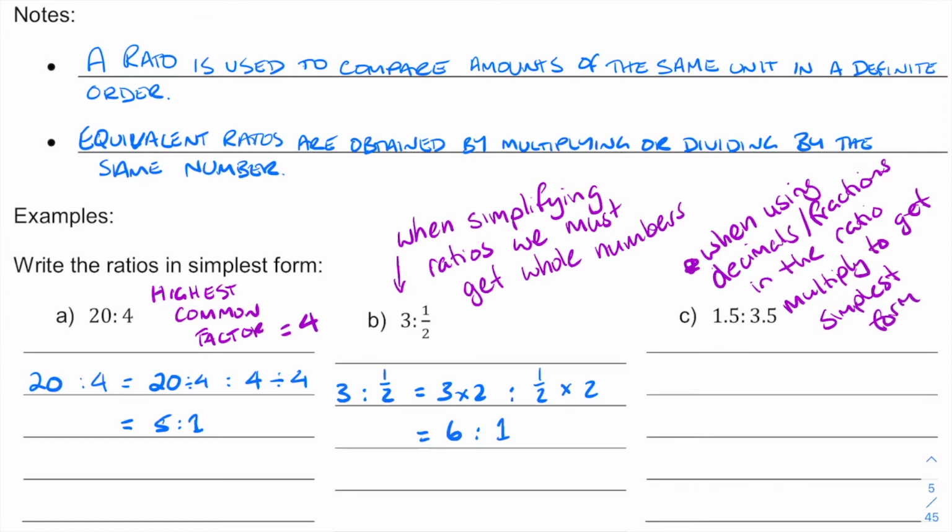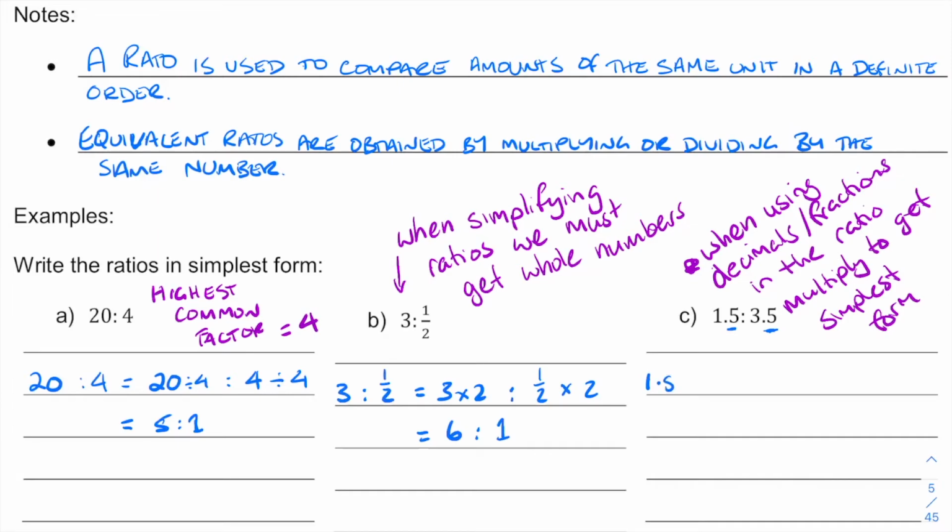Okay, so we're going to multiply for this problem. Easiest thing to do is to look at the decimal places. So for this one, we have 1 decimal place here and 1 decimal place there. So we only need to move 1 decimal place. To do that, we multiply by 10.